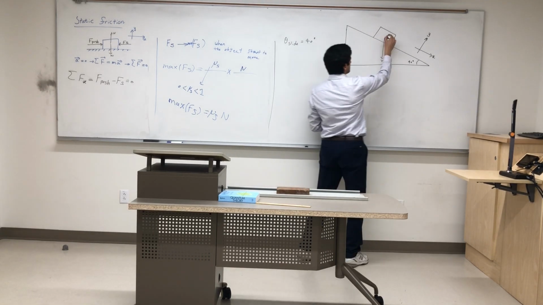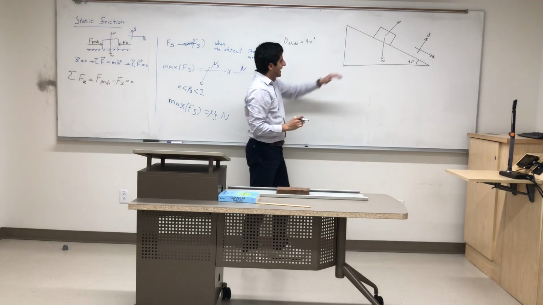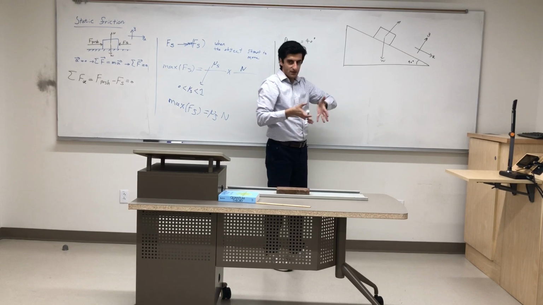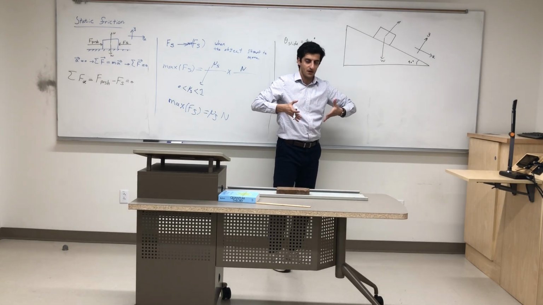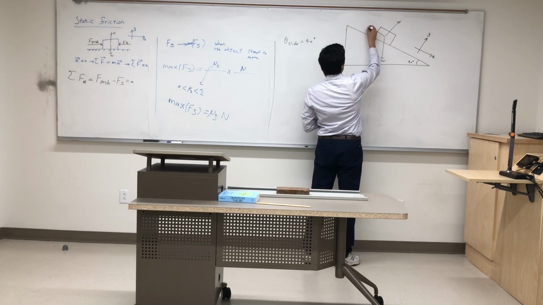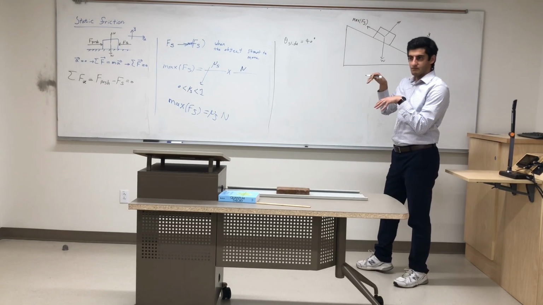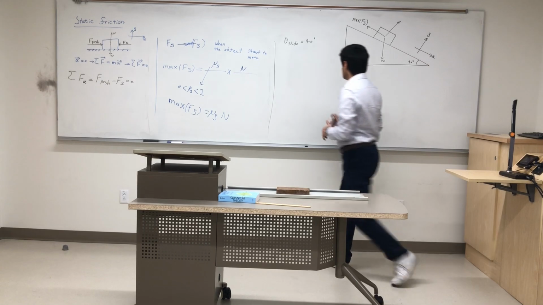Normal force, normal to the surface, and the static friction is holding the object, is not letting the object slide down. So it's upward. But it is maximum static friction because it's about to move, okay?